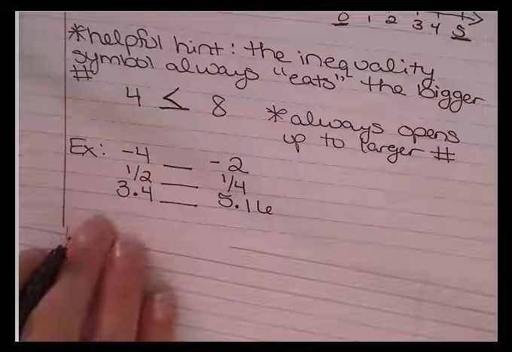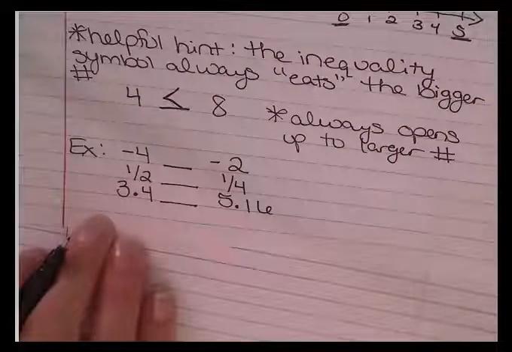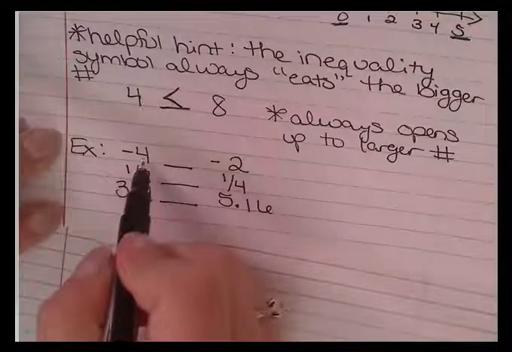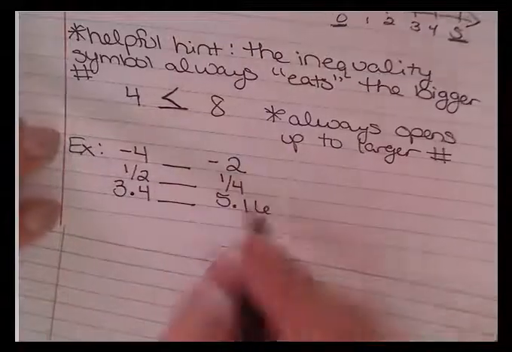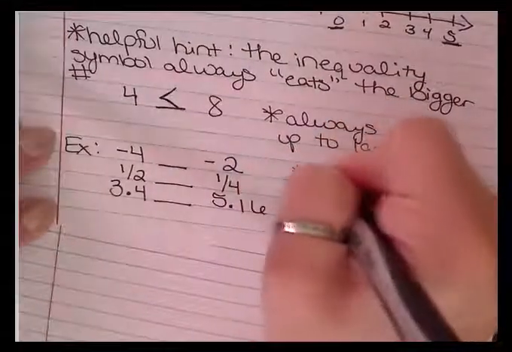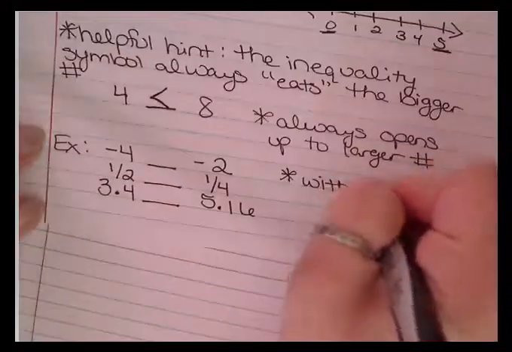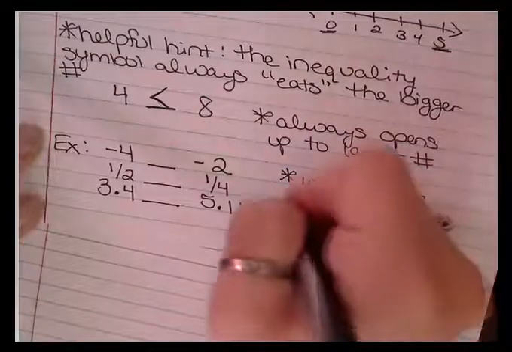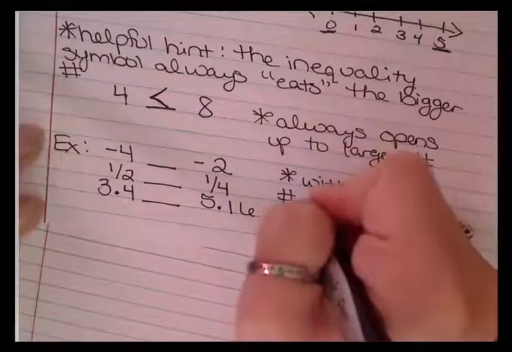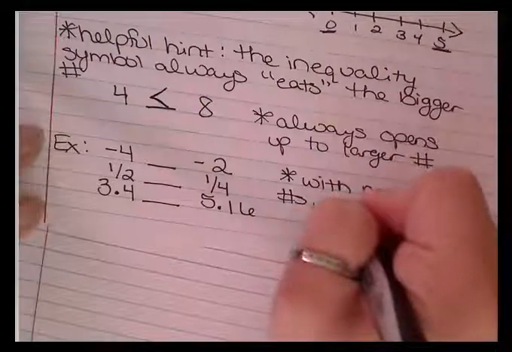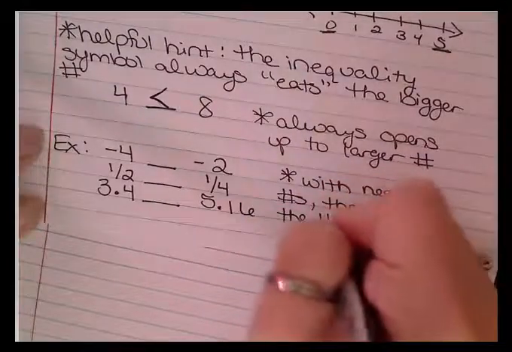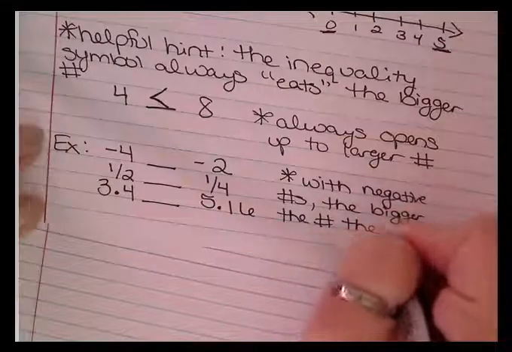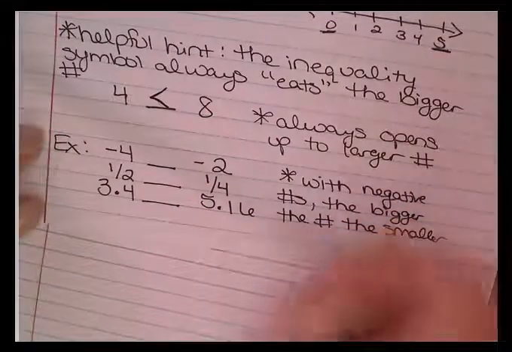Okay, so when you're dealing with negative numbers, remember the bigger the number actually means the smaller the value. So with negative numbers, the bigger the number, the smaller the value.